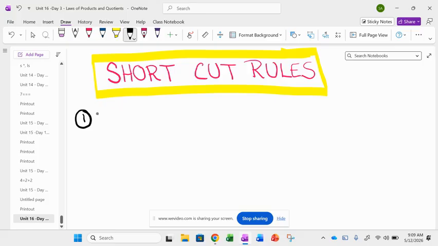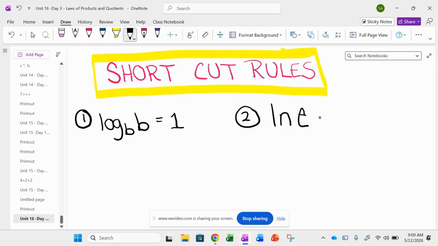The first shortcut rule says if I have log base b of b, that's going to equal 1. Second rule, if I have the ln of e, that equals 1.